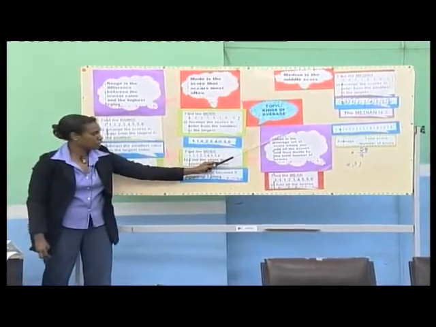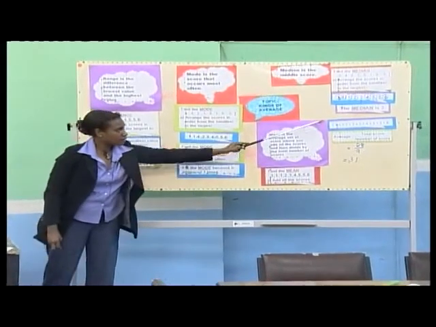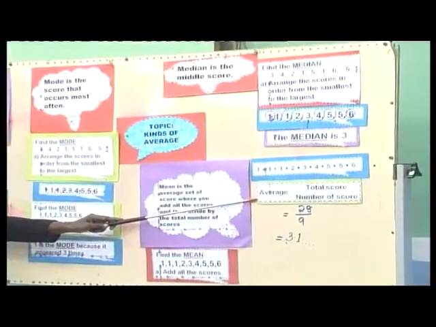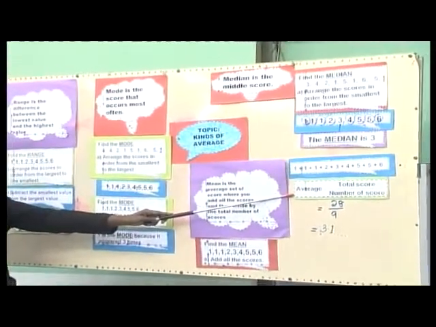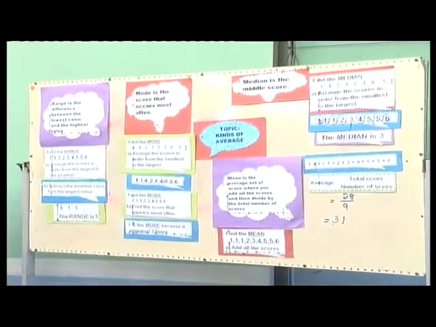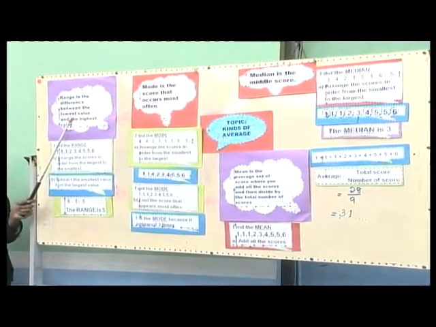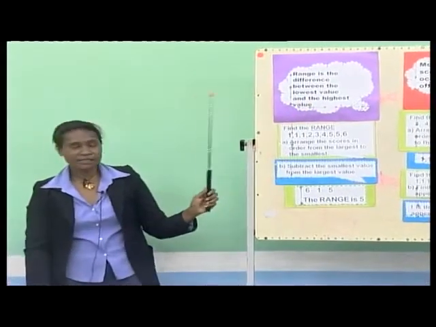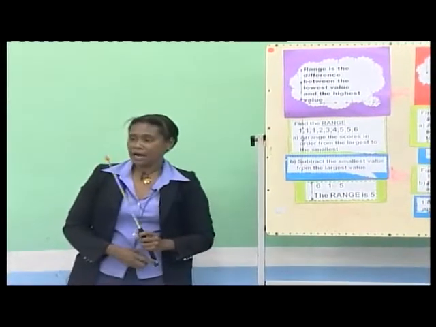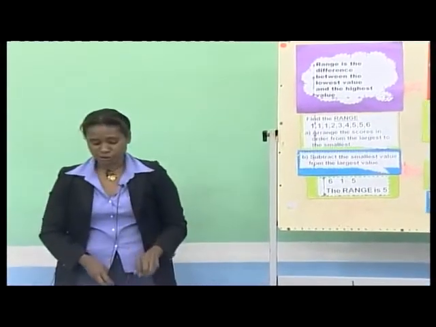After that, we used the formula to work out the mean or the average of these certain scores. And lastly, don't forget we must also find the range. And the range is the difference between the highest score and the smallest score.